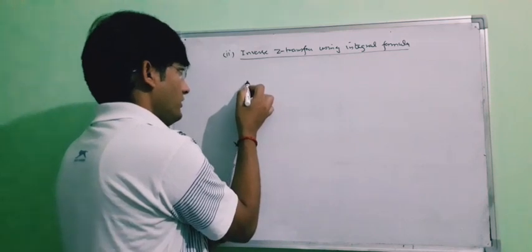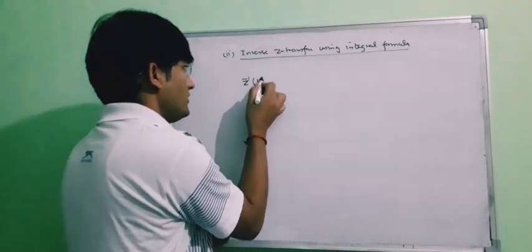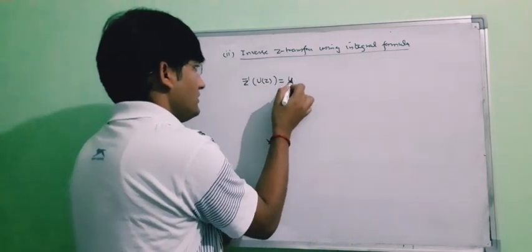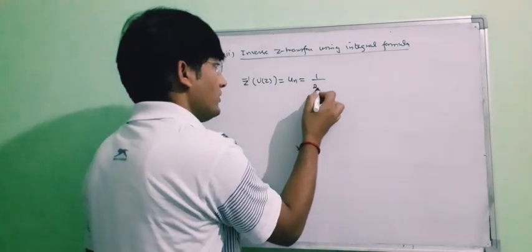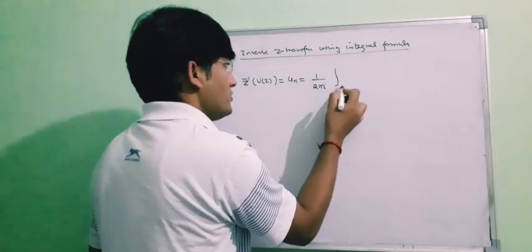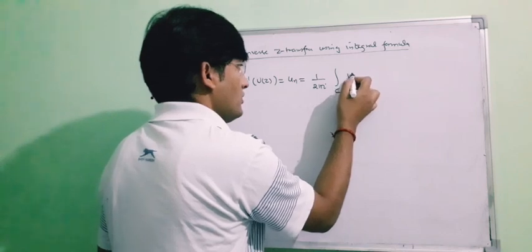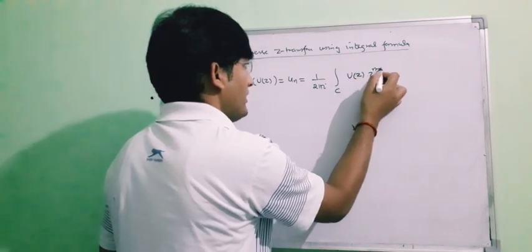The inverse transformation of U(z), that means the sequence u(n), is equal to 1 upon 2 pi i integral U(z) into z power n minus 1 dz.